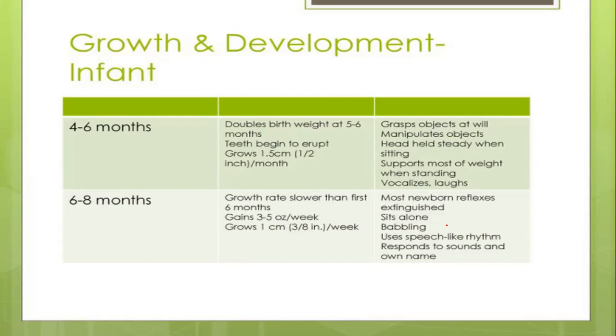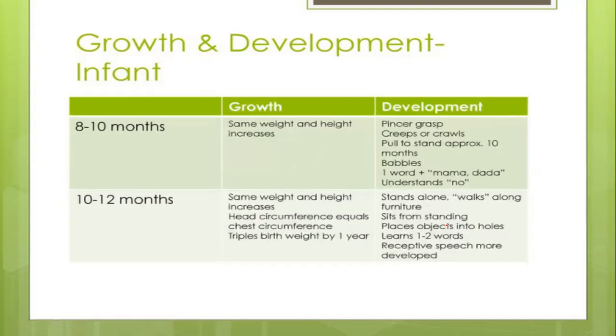And when we're talking about development, most newborn reflexes are already extinguished. This baby already sits alone, babbling, I mean, it would be bubbles, right? And uses a speech-like rhythm and responds to sounds and his or her name. So already starts to recognize his or her name. Right before that, it does not.